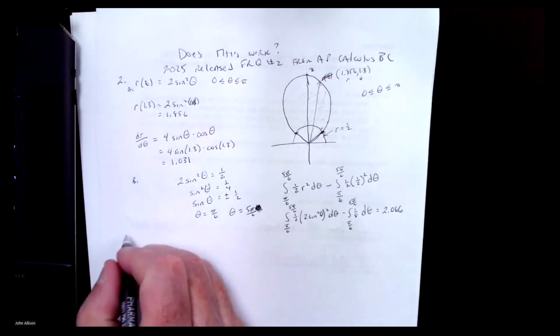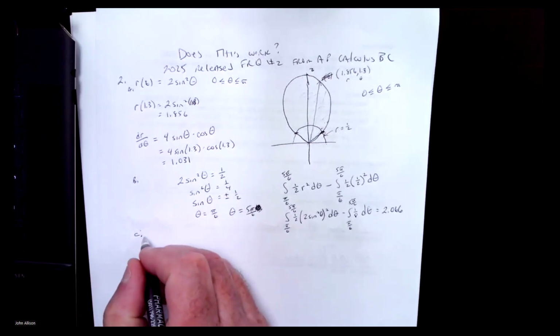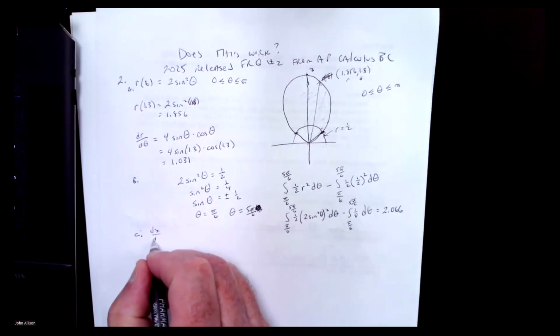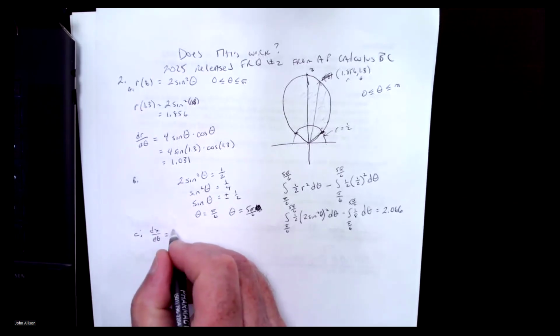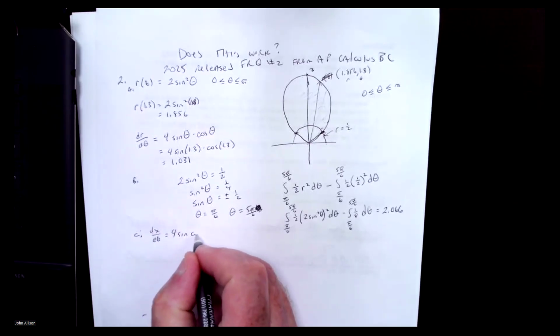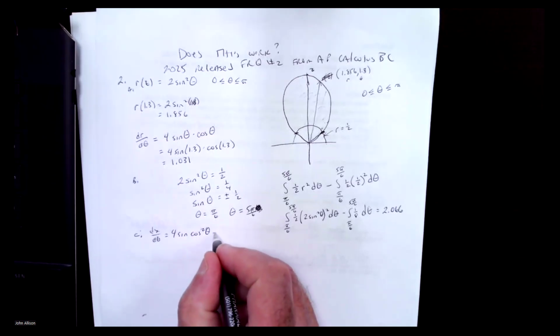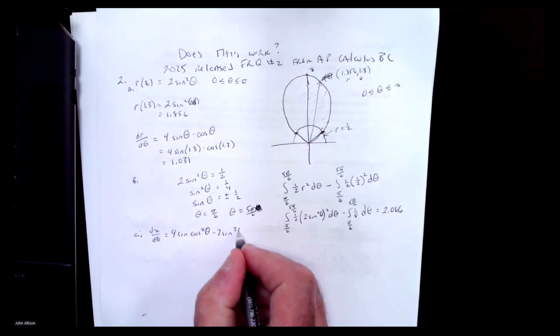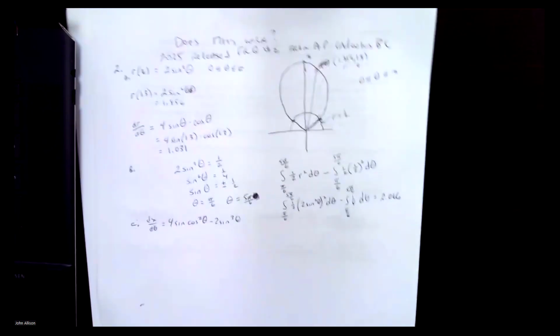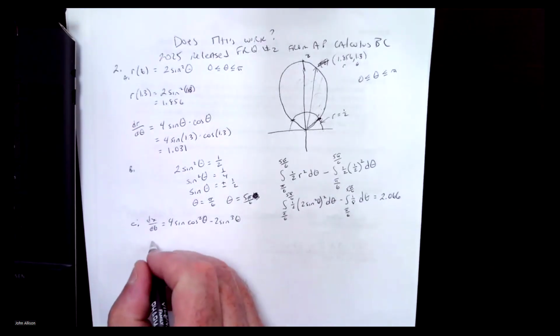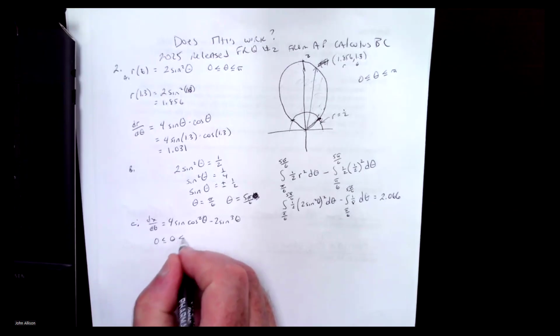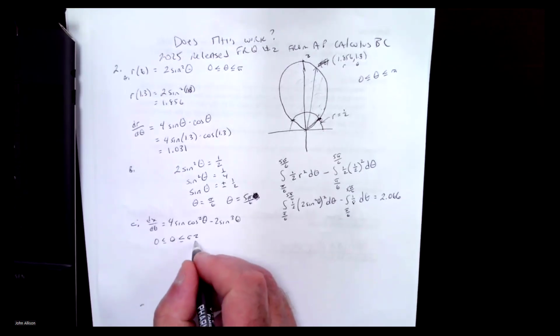All right, part C. So it can be shown that dx d theta equals 4 sine cosine squared theta minus 2 sine cubed theta for curve C. So we're going to look at 0 less than or equal to theta less than or equal to pi over 2.